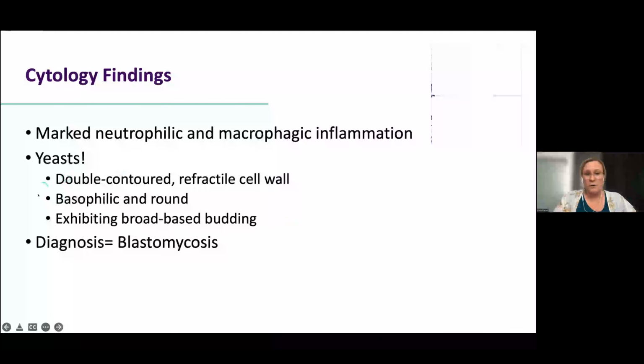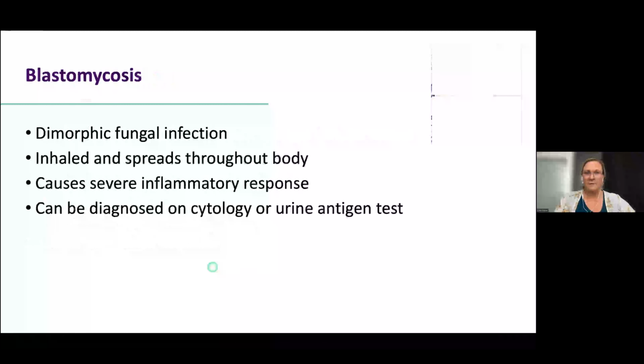And we'll see some of these things that I pointed out already, just as far as morphology. Double contoured refractile cell wall. They are basophilic, which means blue, and they're round, and they exhibit that broad-based budding. So all of these things on cytology allow us to make that diagnosis of blastomycosis, which really correlates with what we were seeing on the radiographs.